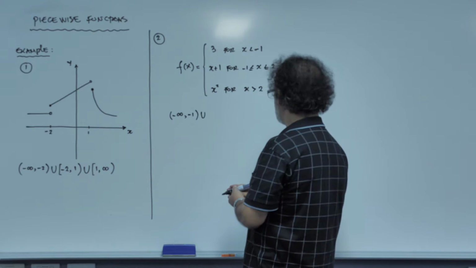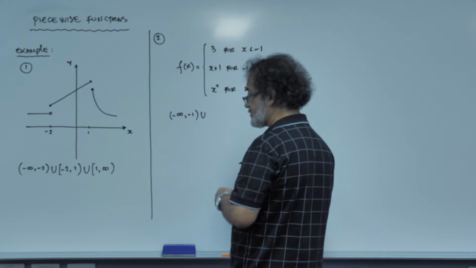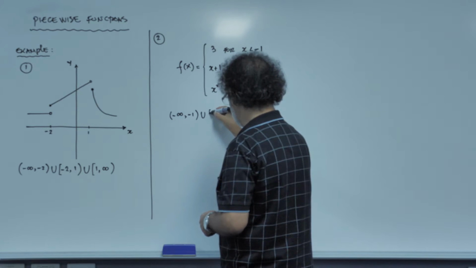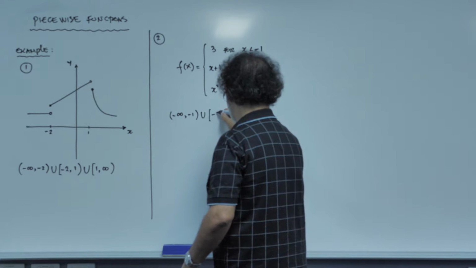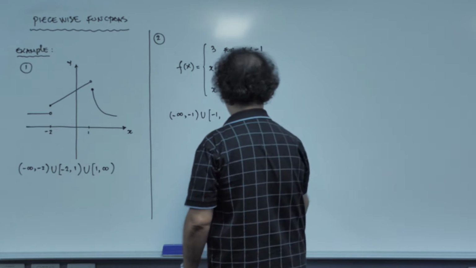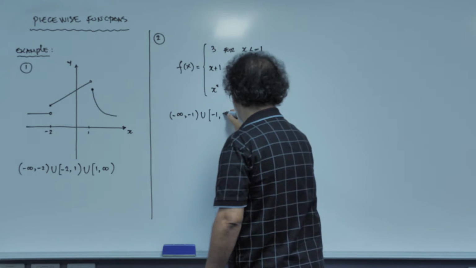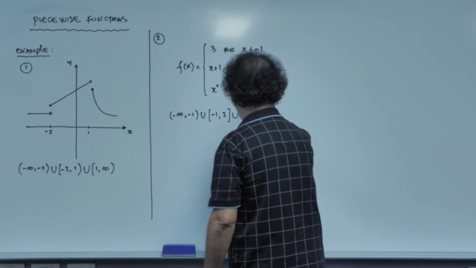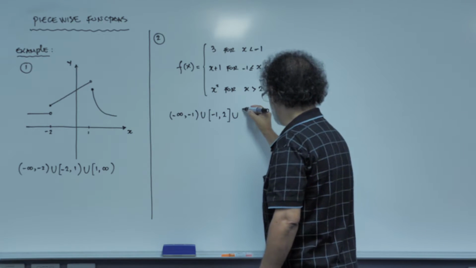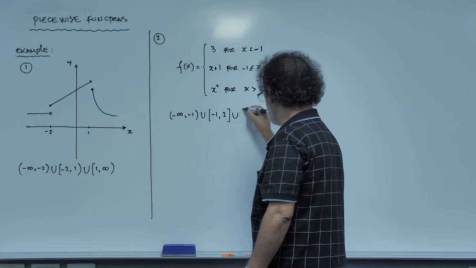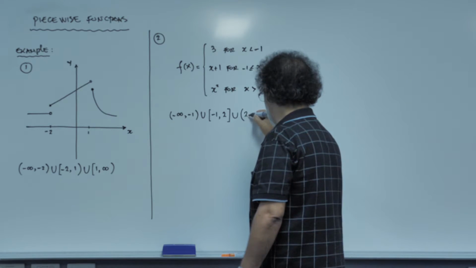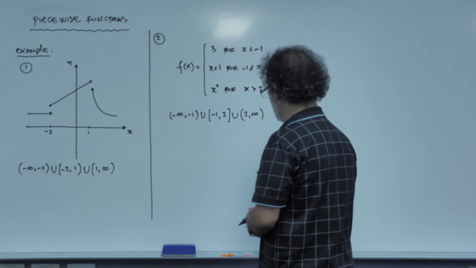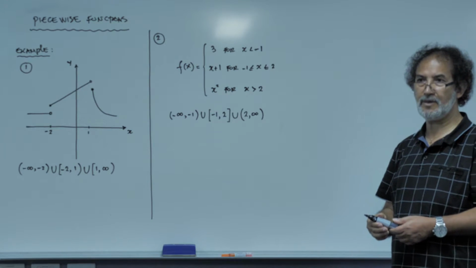From -1, open or closed? Square, closed, yes. -1, comma, 2, with the square one, closed. And then we add the other one that starts from 2 and goes all the way to infinity. All right. So that is what is going on.